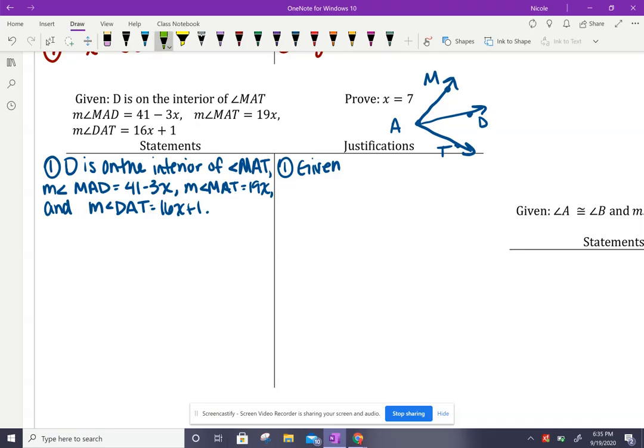And it tells us that MAT, the entire angle, is 19x. And that MAD, this section here, is 41 minus 3x, and DAT is 16x plus 1.